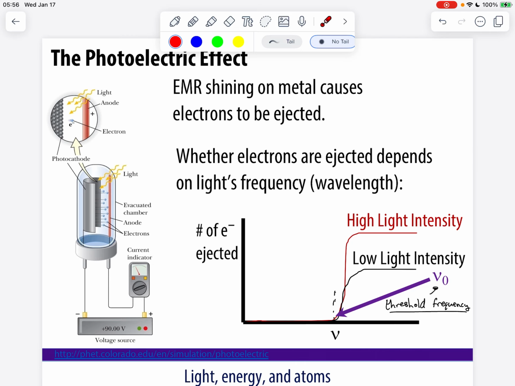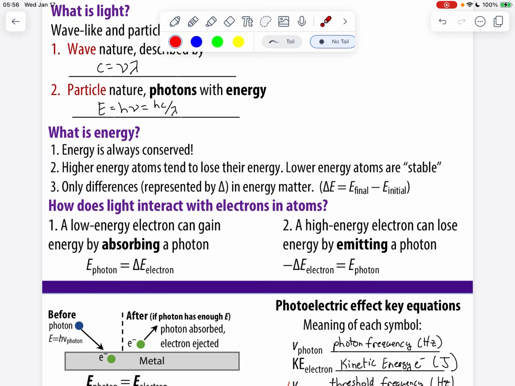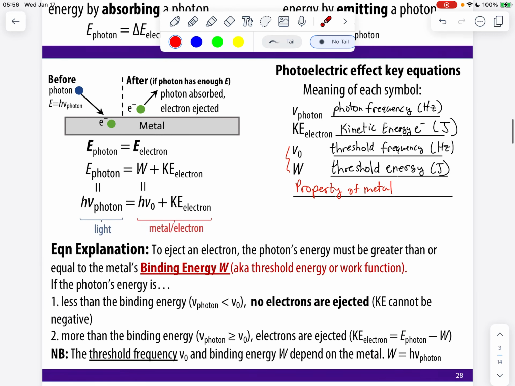And again, the way this works is we use our properties of light here and have this key slide that explains what's going on in terms of conservation of energy before and after an electron might be ejected. A photon comes in with an energy given by h nu.